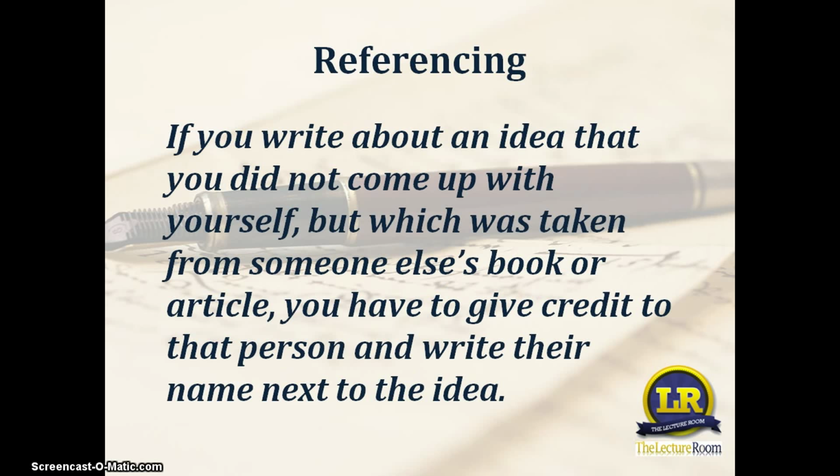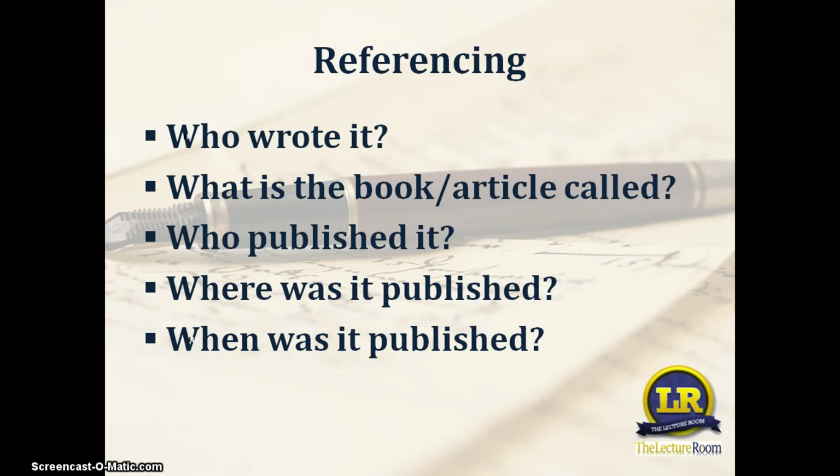Referencing. The main principle of referencing goes like this. If you write about an idea that you did not come up with yourself, but which was taken from someone else's book or article, you have to give credit to that person and write their name next to the idea. The main questions in your referencing are: who wrote it, what is the book called, who published it, where was it published, and when.